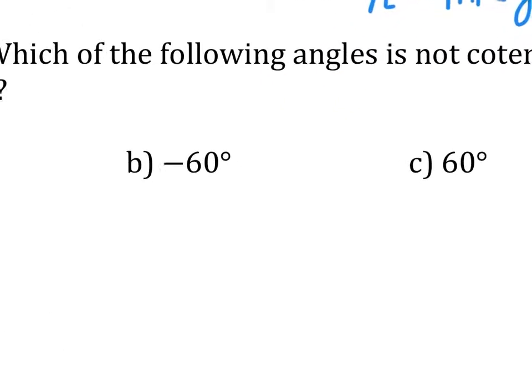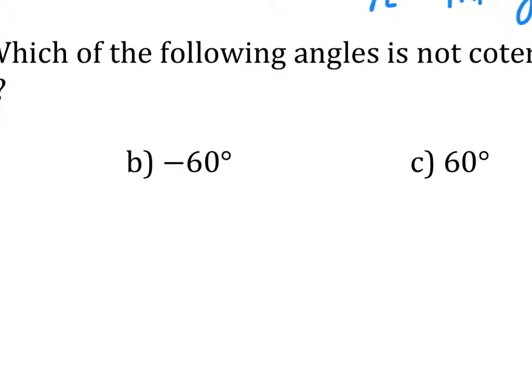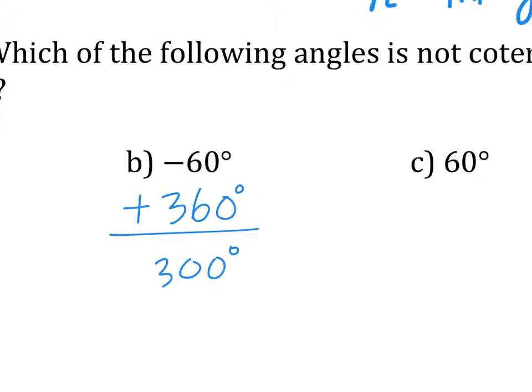So how do we check what kind of coterminal it is? Add 360, because it is the same angle as if we turn one more round around the circle. Negative 60 plus 360 is 300 degrees, so it is the same angle as the first one.